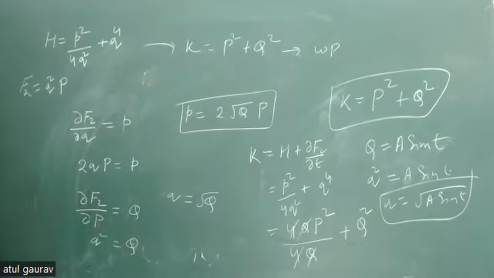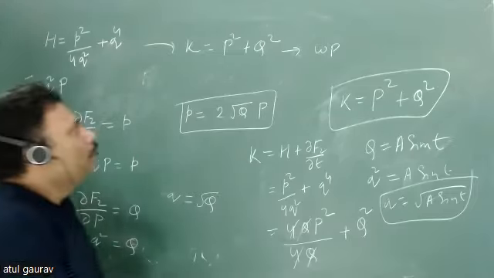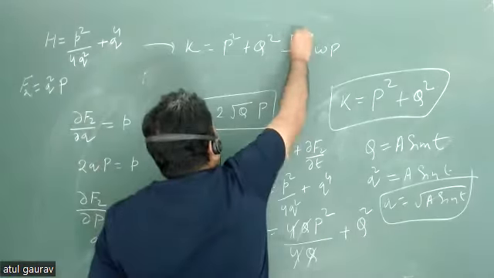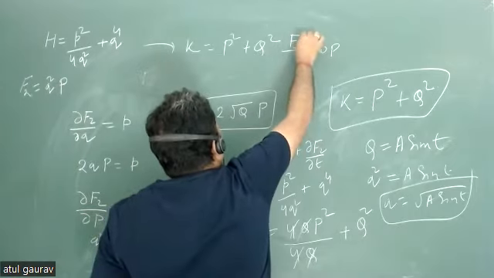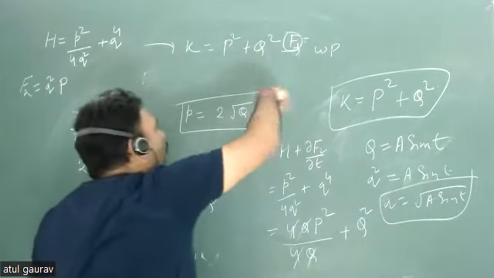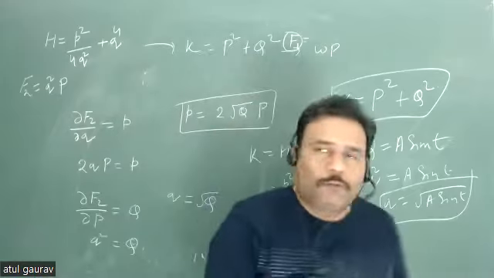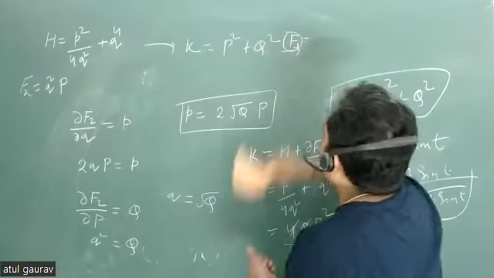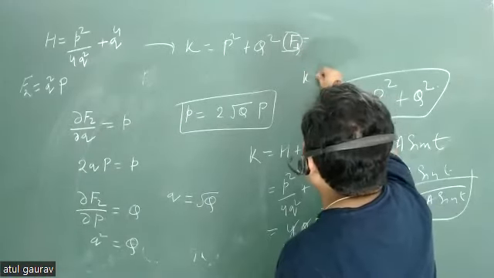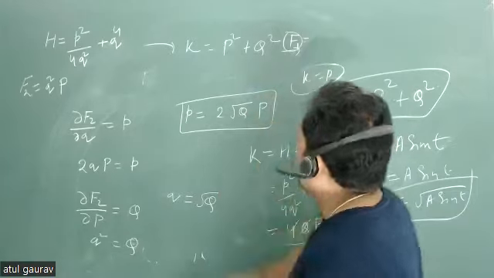Yes, sir. If you have any doubt, you can just raise the question. Yes, tell me. K equals p square plus q square, and why do we write omega p, sir? Because if you go for the F1 type transformation from the last class, you get something like this, with omega equal to 1. You can also transform K equal to something like P also.